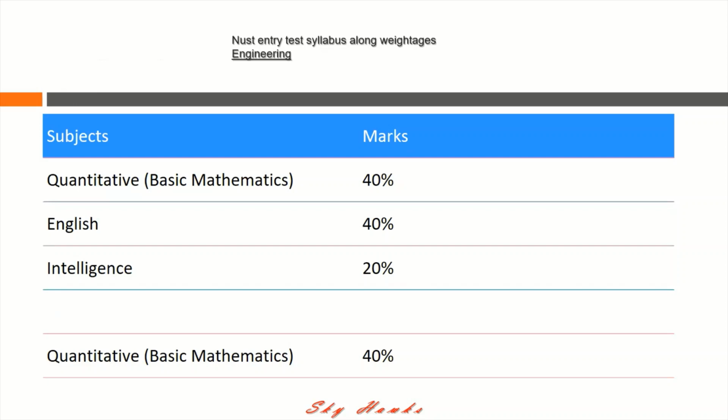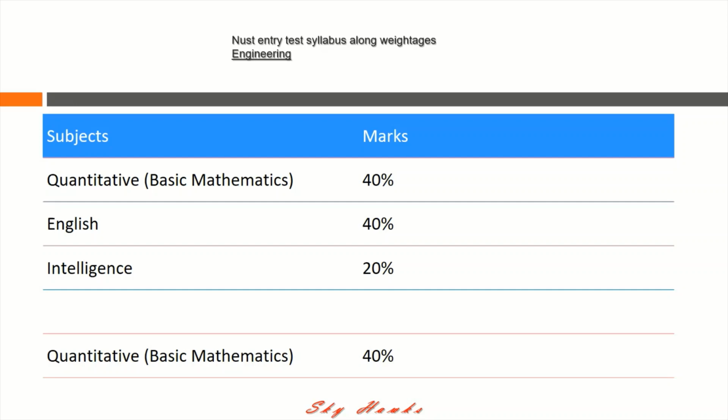The quantitative basic mathematics, that is all about the MBA, MPA, and business administration and communication. So these are a mix of a few degrees, a few departments, and the test is being conducted over there.